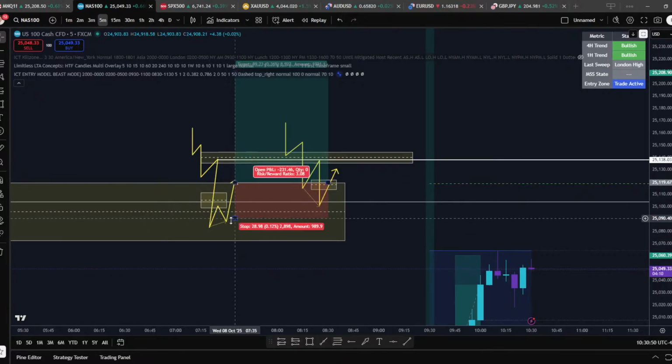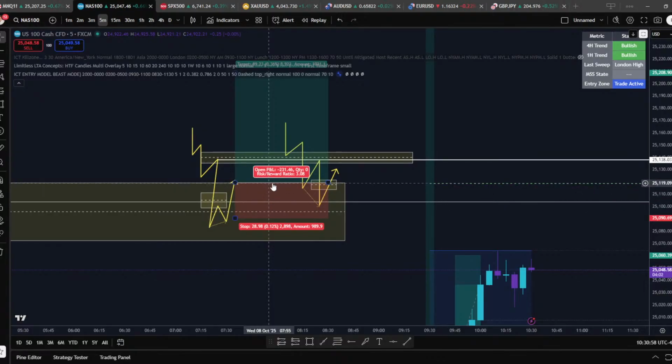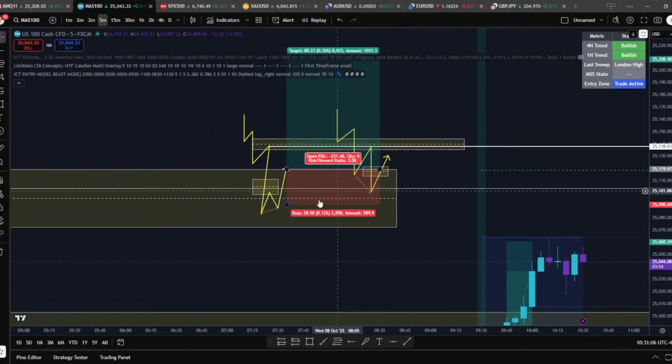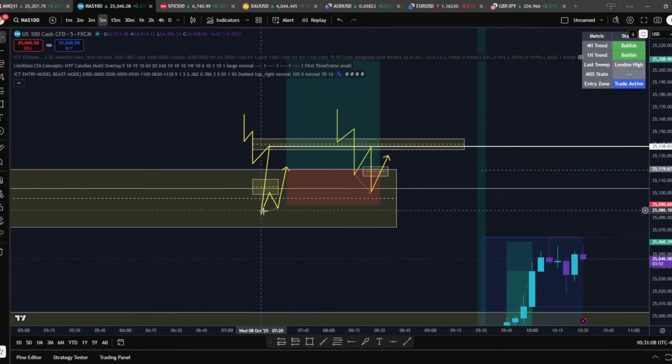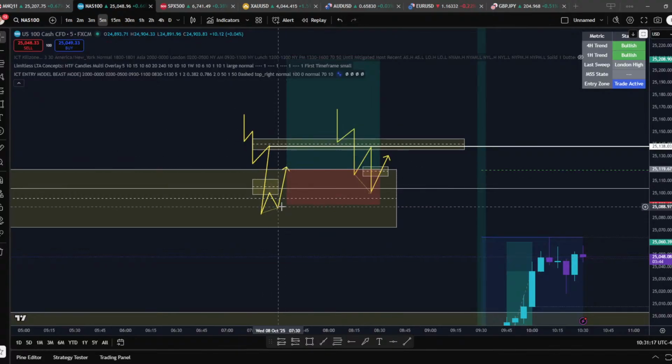Okay, if this just consolidated and went sideways and went up a little bit, down a little bit, and then eventually down here somewhere, it inversed this fair value gap, that's not what we're looking for. We're looking for it to sweep liquidity, create the fair value gap, and within at least 3 or 4 candles inverse, preferably 2 or 3 candles inverse, right?